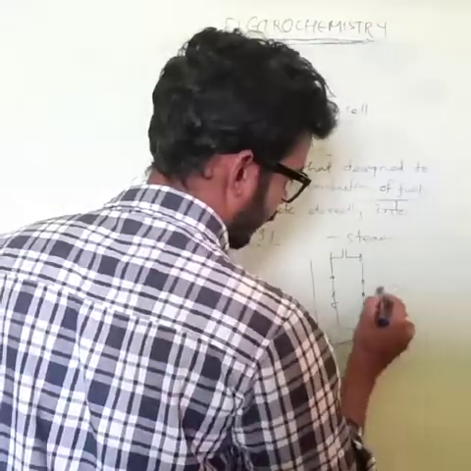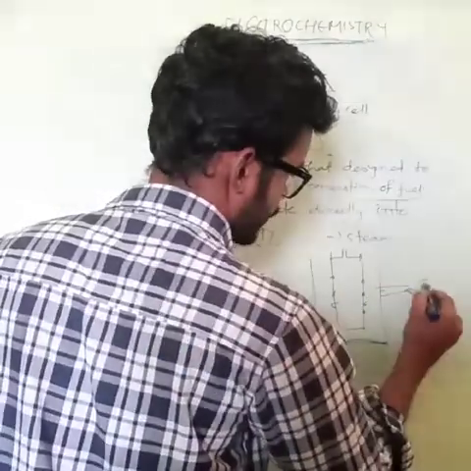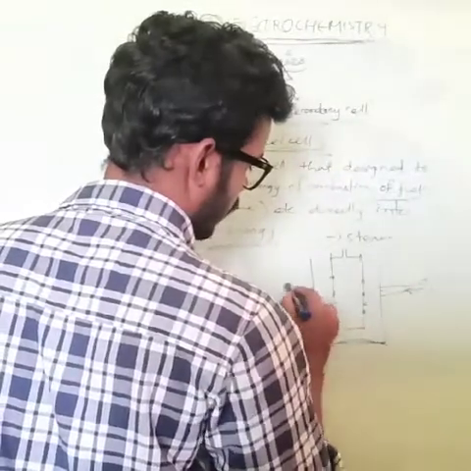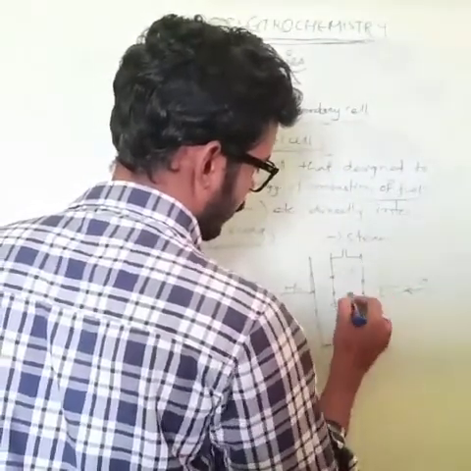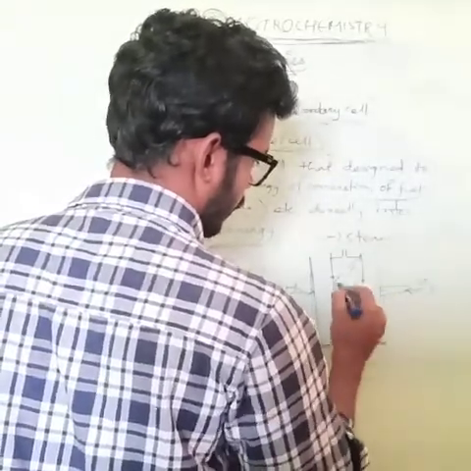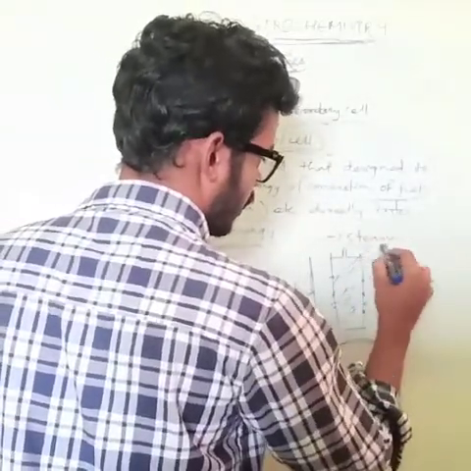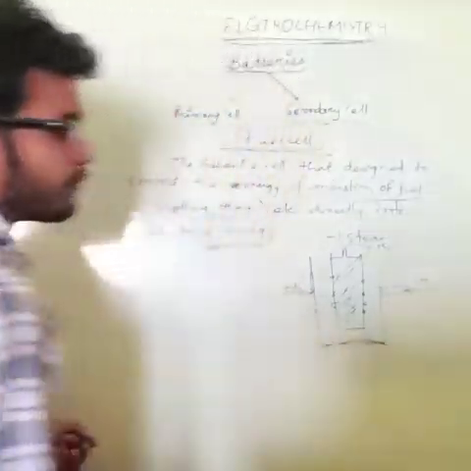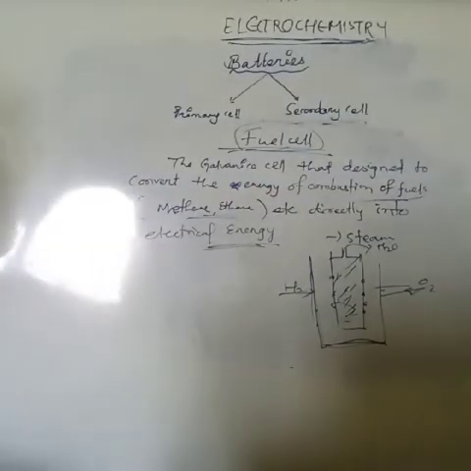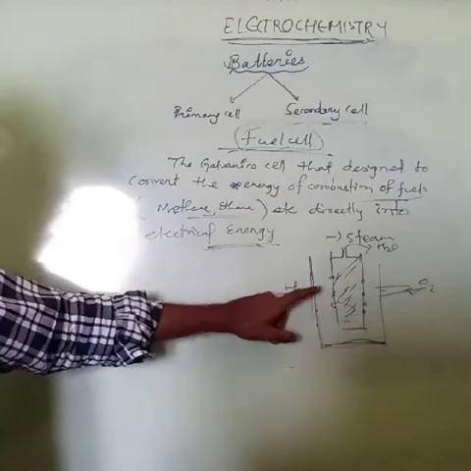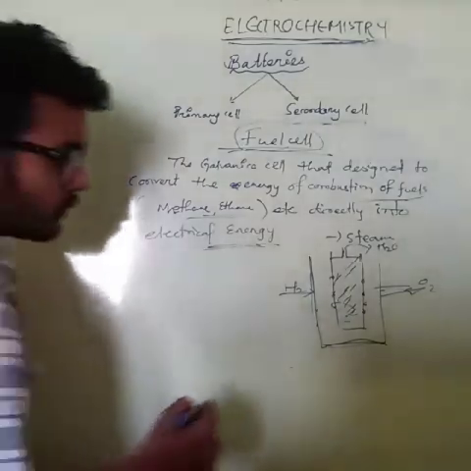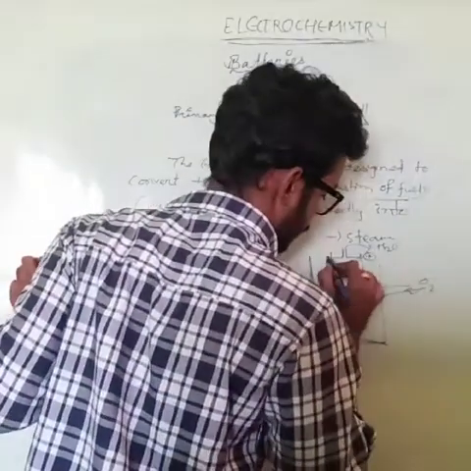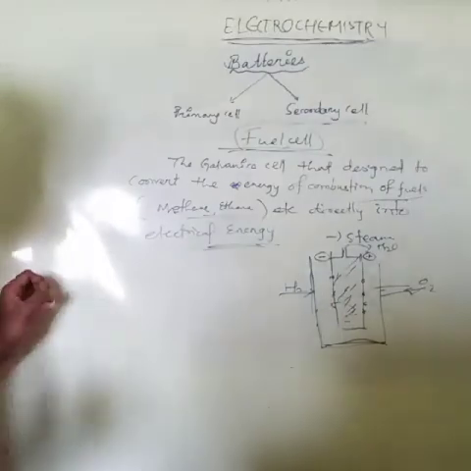One side you will apply oxygen, one side will apply hydrogen, okay. Here it will condense and give H2O. This is your positive, this is your negative end.